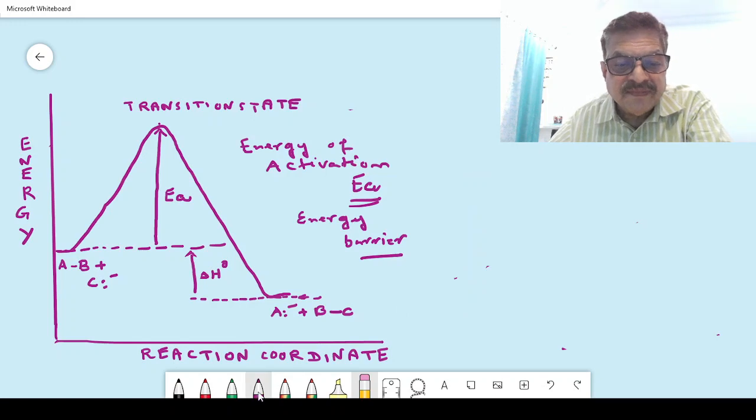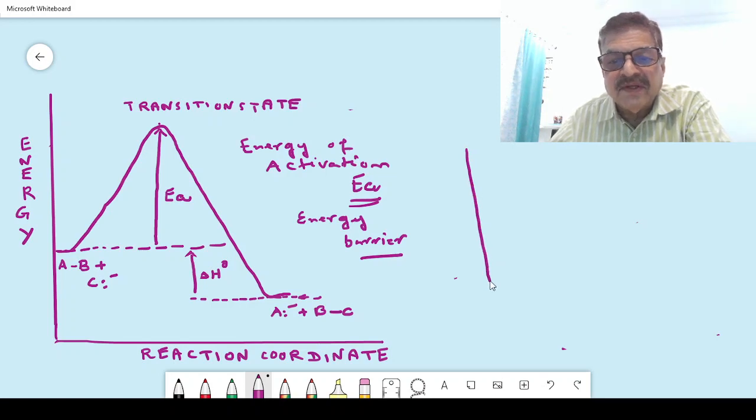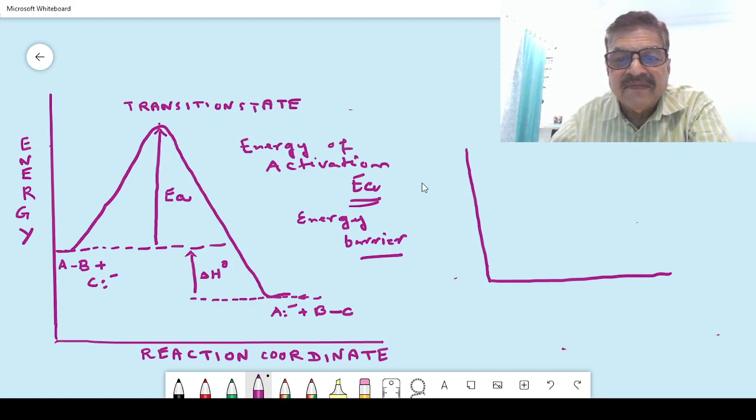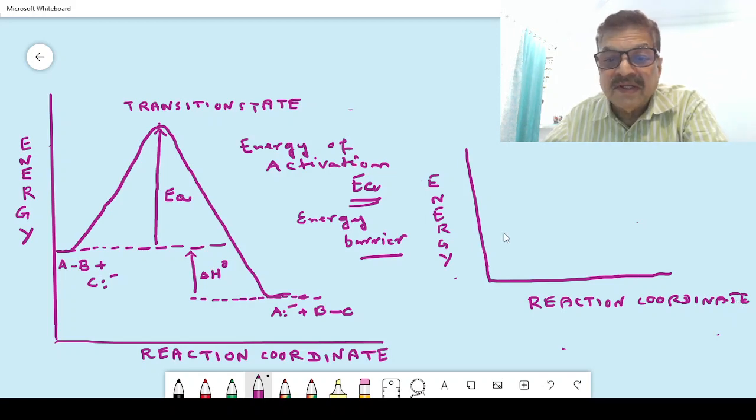That is endothermic reactions. In an endothermic reaction we can show it in this fashion. Same thing here. This is the energy, and this is the reaction coordinate. Now here the reaction will proceed.